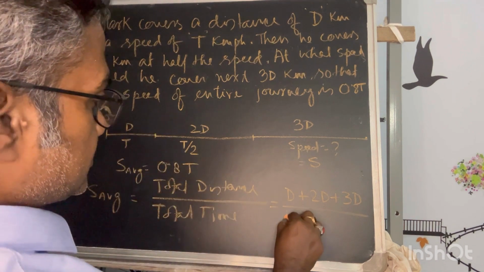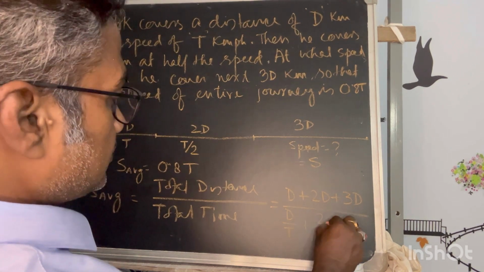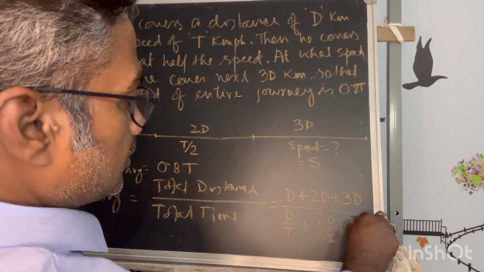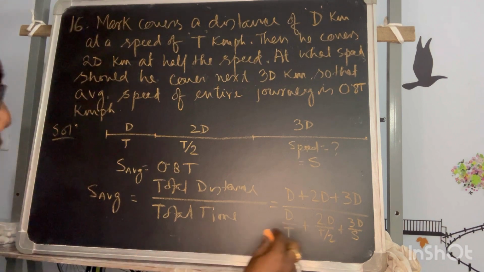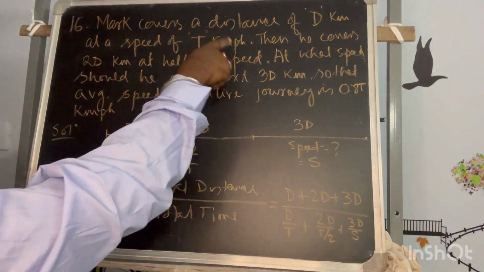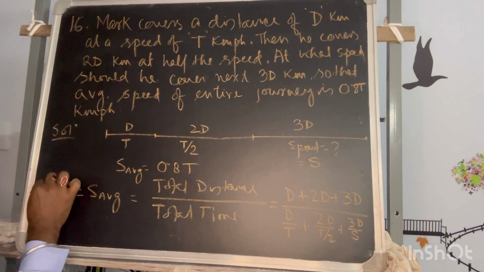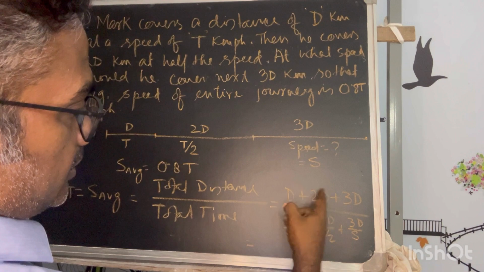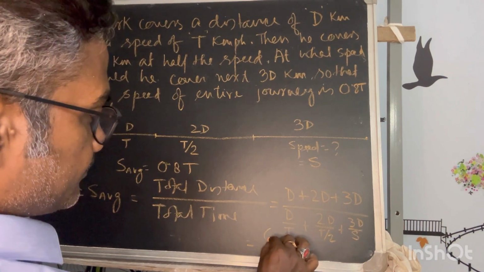Segment-wise: the first segment is covered in d by t, the second in 2d by t upon 2, and the third in 3d by s. As per the problem, the only unknown is s, because everything else is in terms of d or t, which is known. The average speed is given as 0.8t. Now this d cancels out. The distances give 1 plus 2 plus 3, that means 6.